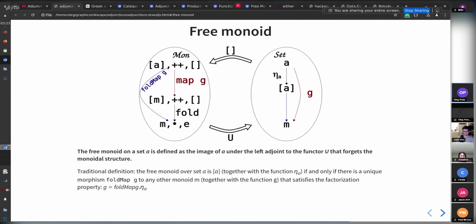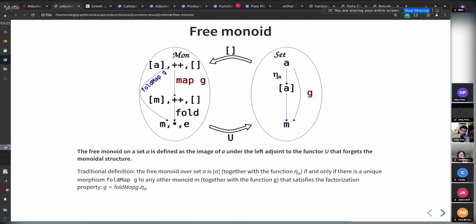Okay. So free monoids. Now let's pretend for a second that lists are actually free monoids. So you have a category of monoids on the left, which means objects are monoids. You remember monoids, they have a combining operation and a neutral element.